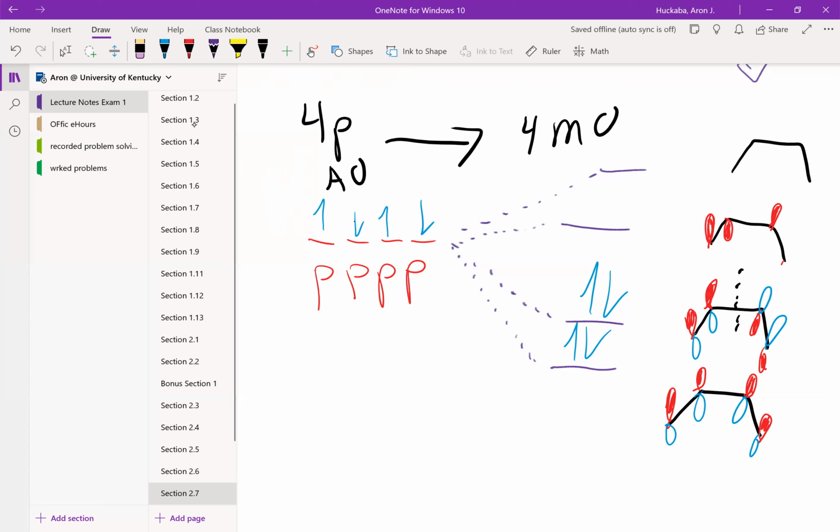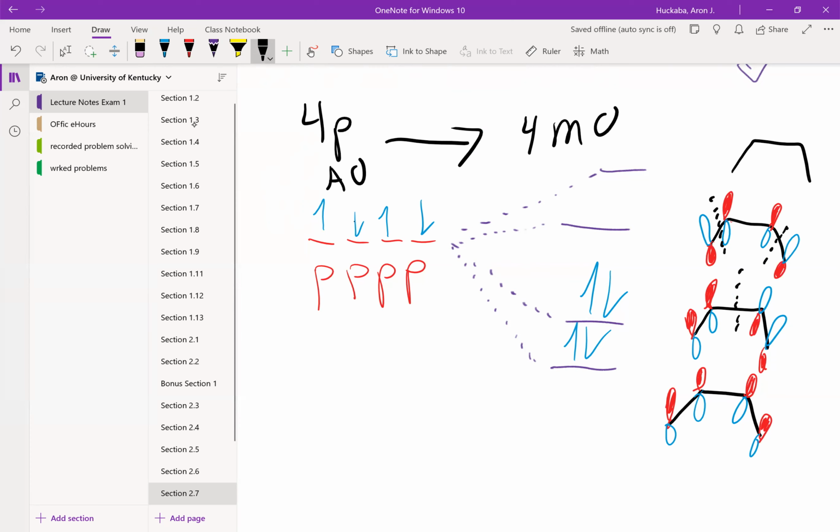Now this will give us two nodes. No overlap between those two, and no overlap between those two. And now this orbital is not filled because we only had 4 electrons, and we've already used those 4 electrons.